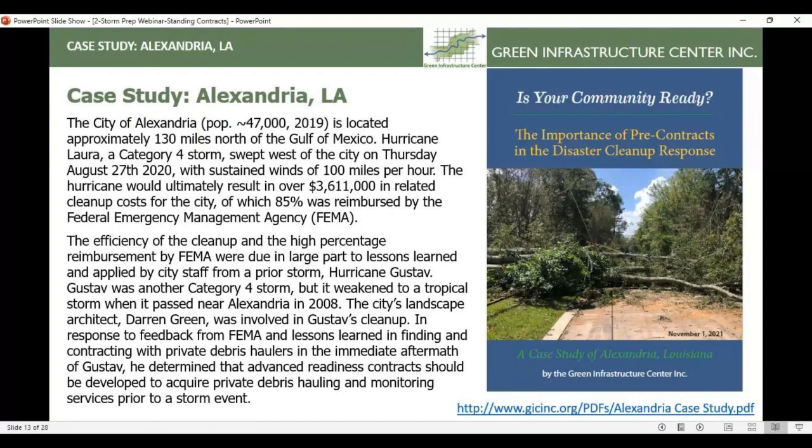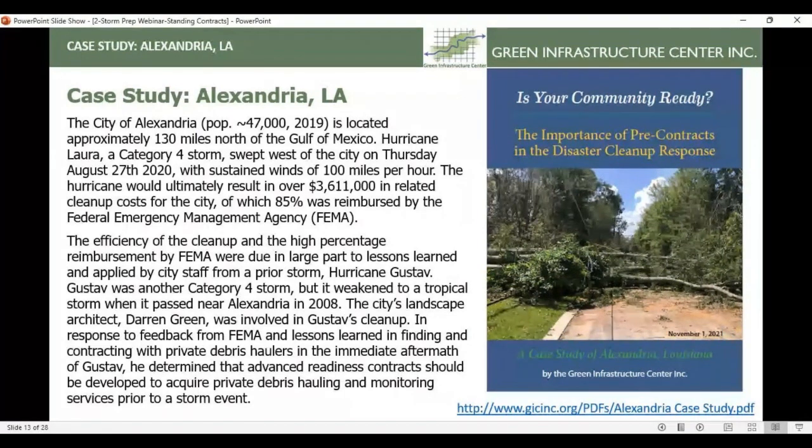They measured it and calculated backwards from there how much debris it might have taken to create that mulch. And they reimbursed us the going rate for that debris pickup. And then they told us in no uncertain terms that that would not happen again. For the next storm we had to be ready.